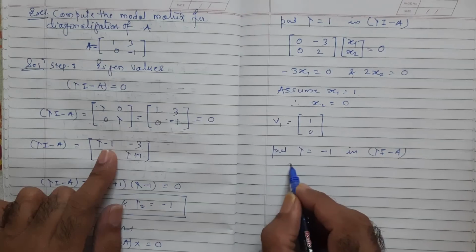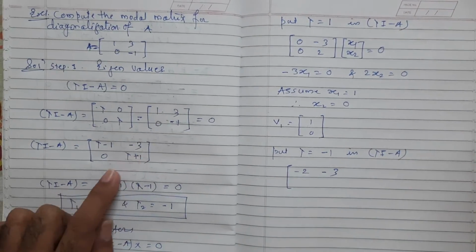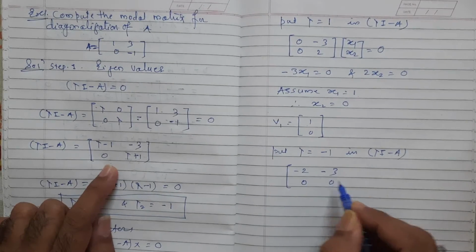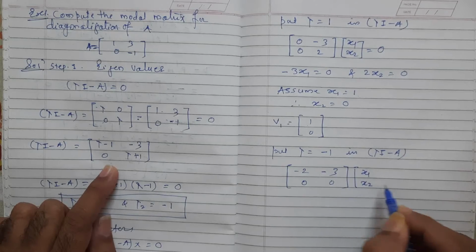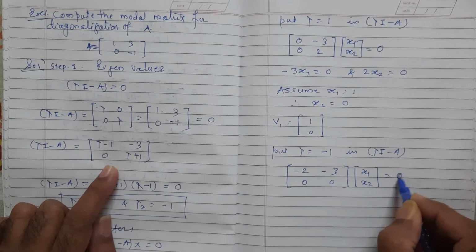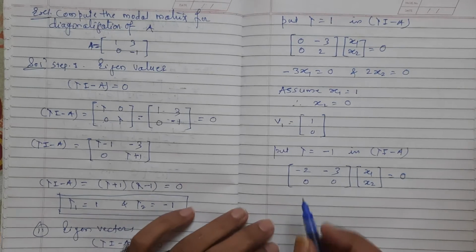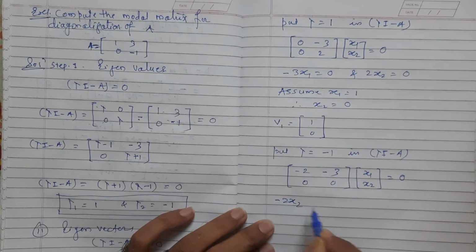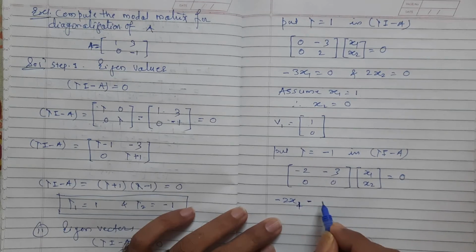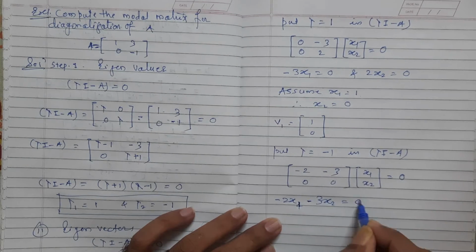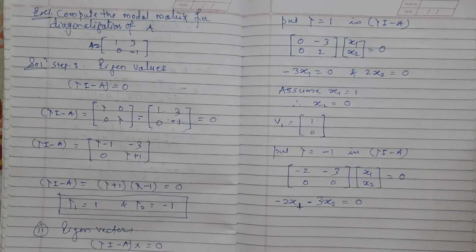So this becomes [-2 -3; 0 0] multiplied by [x1; x2], equal to 0. So this becomes minus 2x1 minus 3x2, equal to 0.